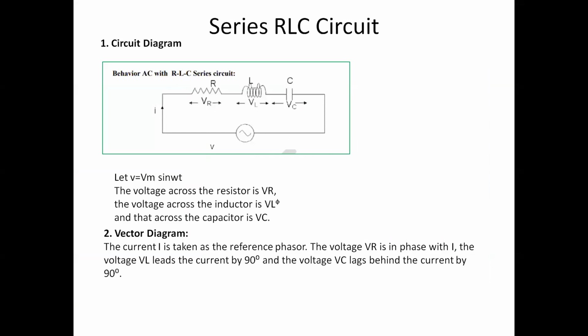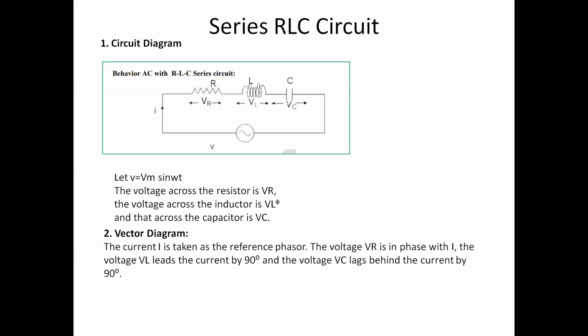Instead, the average power consumed by them was Vm Im cos phi. That means every practical circuit consumes some amount of power. So today let us look at the working of series RLC circuit.